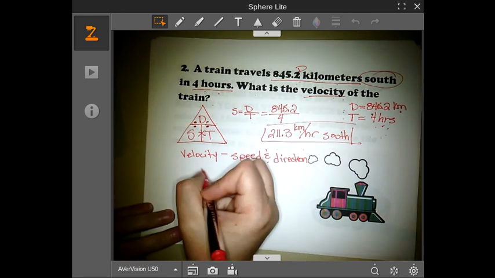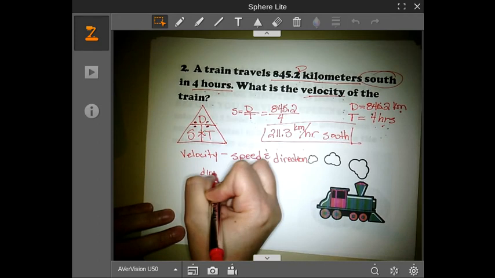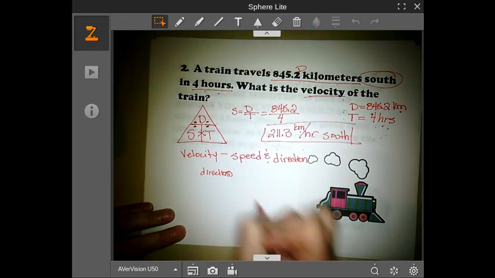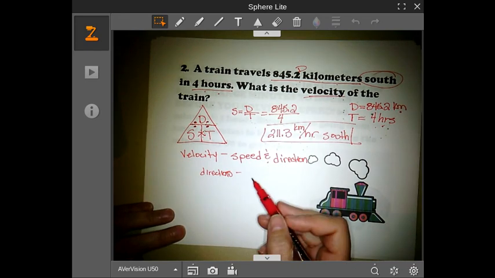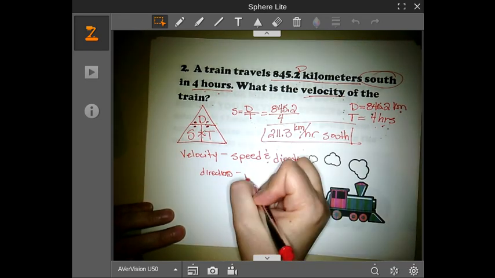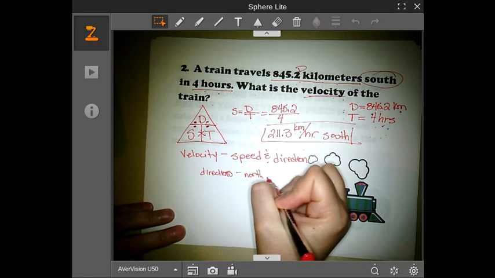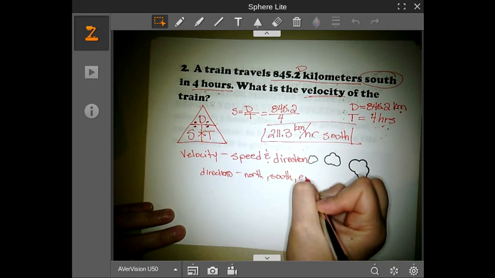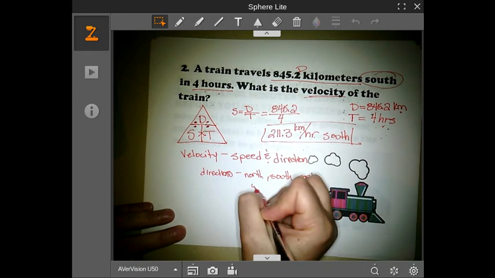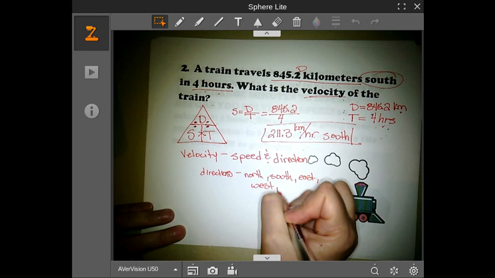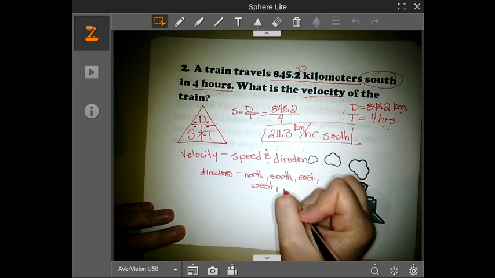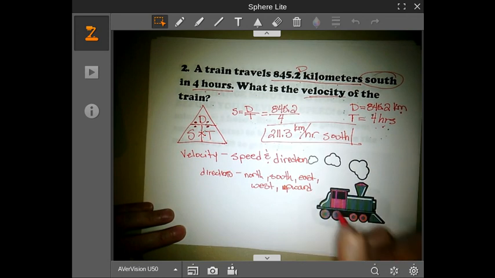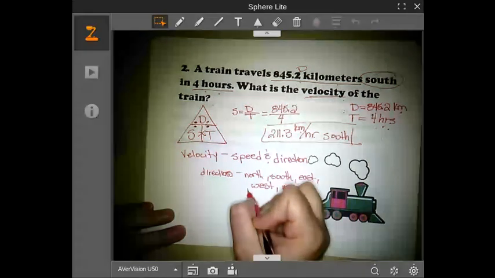Now remember, for directions, it doesn't always just have to be north, south, and east and west. Yeah, it can be, but it can also be upward. And downward.